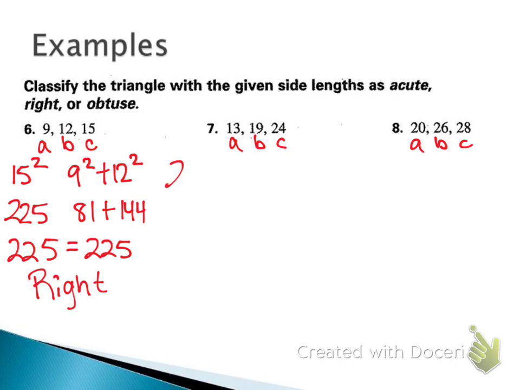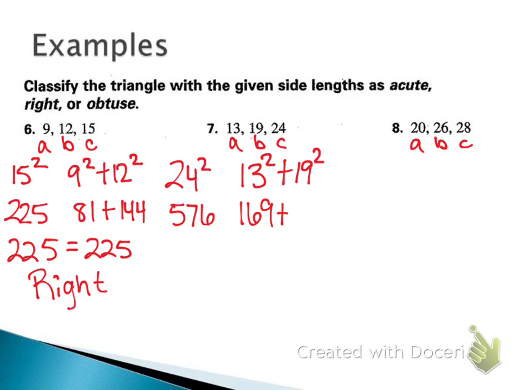On the next one, we have 24 squared compared to 13 squared plus 19 squared. 24 squared is 576. 13 squared is 169. 19 squared, 361.